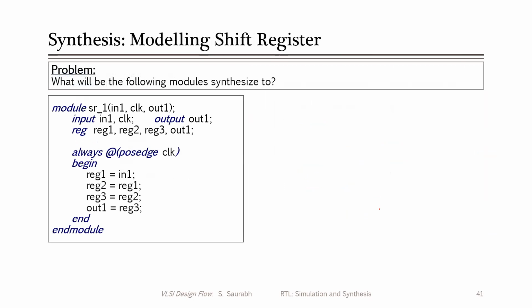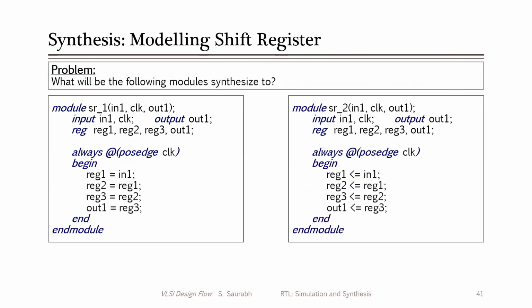So now, what will the following modules be synthesized to? I'm giving you 2 modules, and just tell me the answer: what will be the output of each of these modules? Any answer?